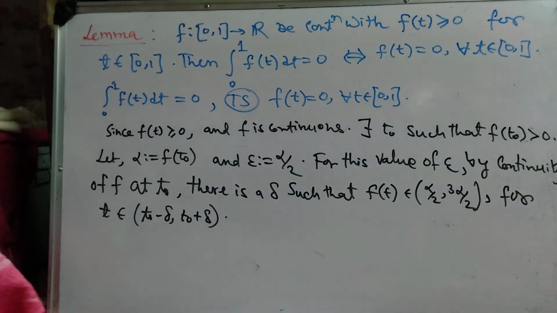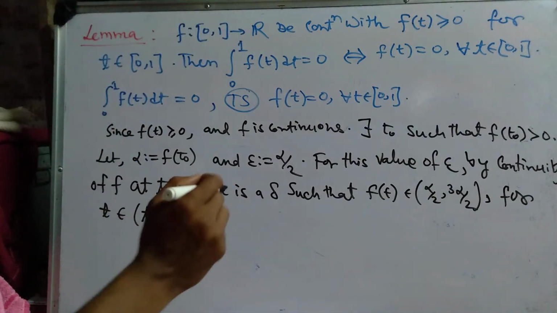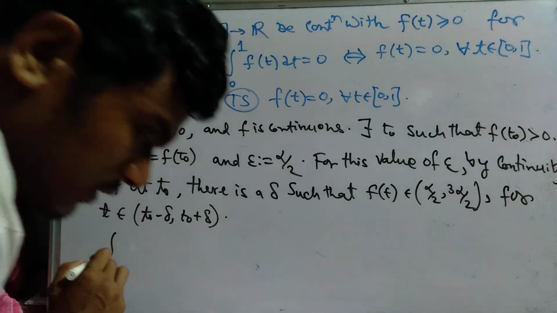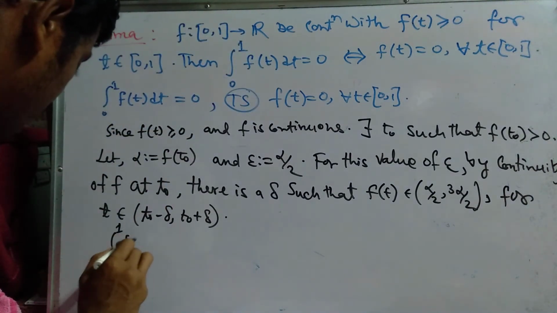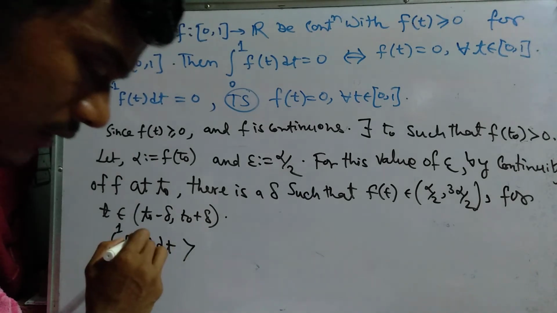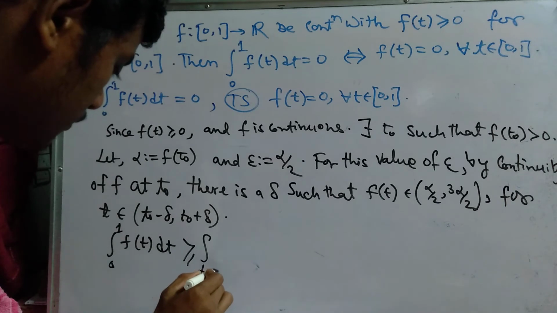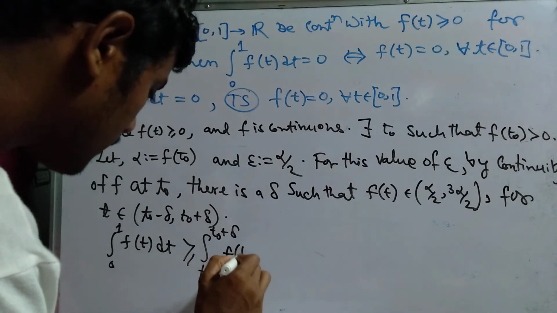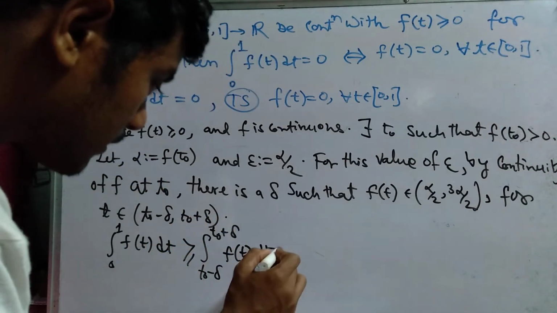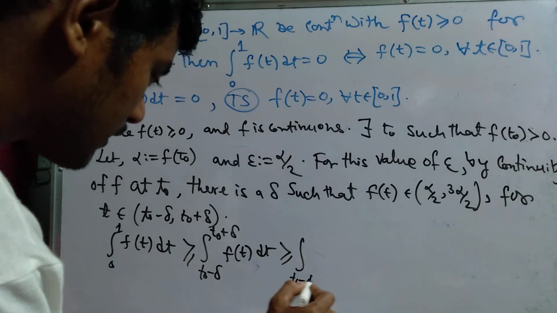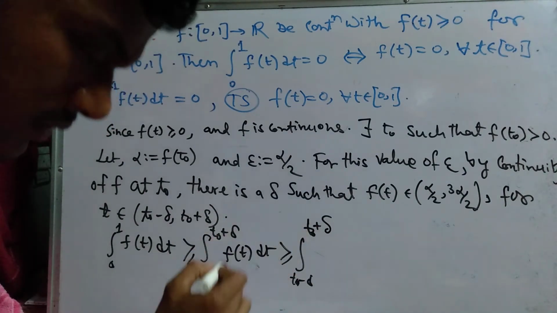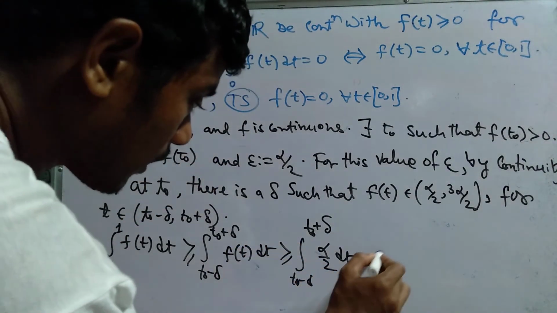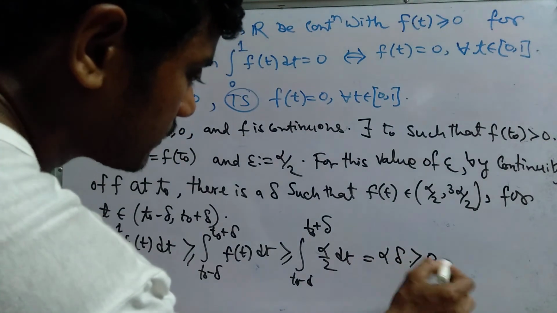Okay, then by using various properties of the integral, we see that the integral from 0 to 1 of f(t) dt is greater than or equal to the integral from t0 minus delta to t0 plus delta of f(t) dt, which is greater than or equal to the integral of alpha by 2 dt, equal to alpha delta, greater than 0.